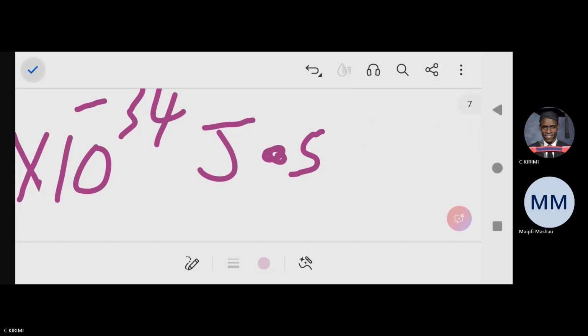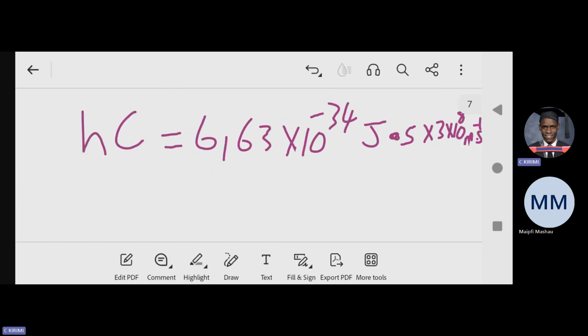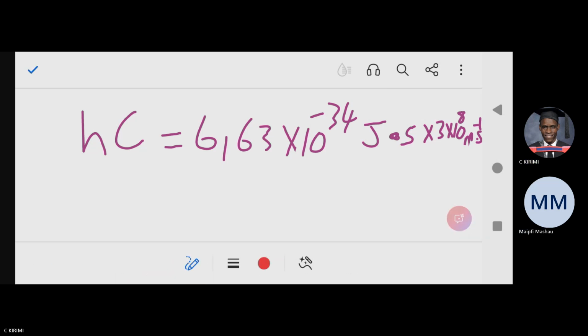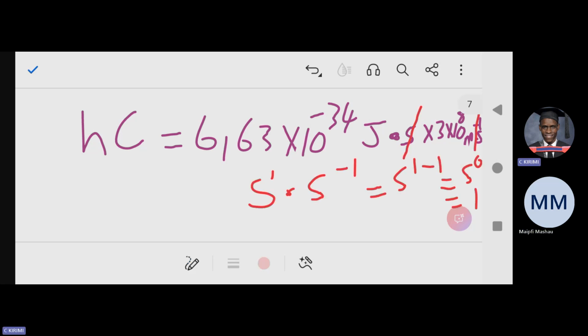The second cancels: the exponent is 1 minus 1, which is second to the power 0, just 1. So seconds are gone. Now the unit I am left with is joules multiplied by the meter.